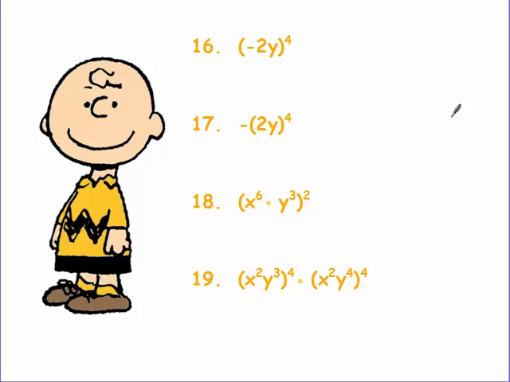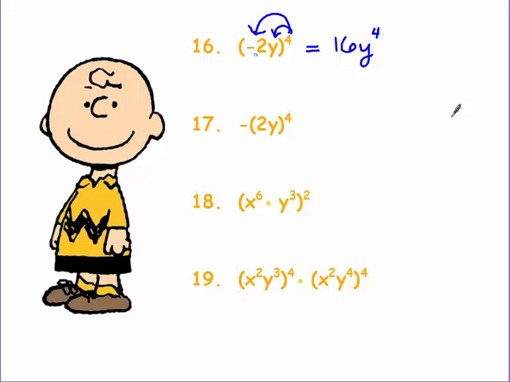Number 16. Negative 2y, the quantity to the 4th power. So this exponent of 4 is going to go to the negative 2 and it's going to go to the y. So in this case, it's negative 2 to the 4th power, which ends up being a positive 16y to the 4th. What's the difference between 16 and 17?